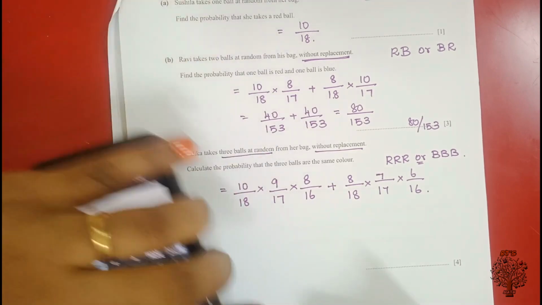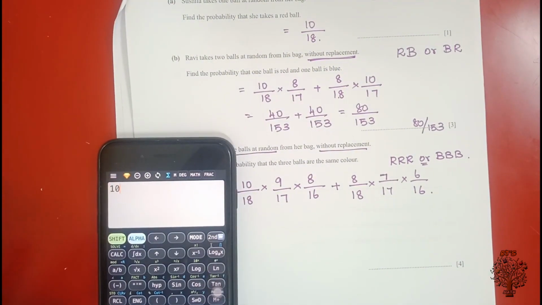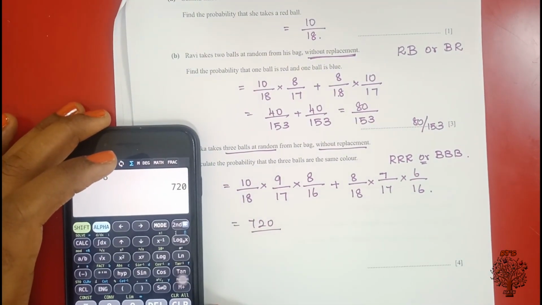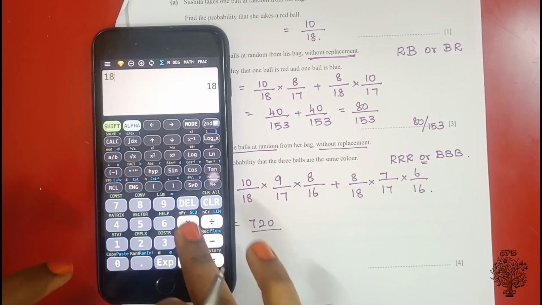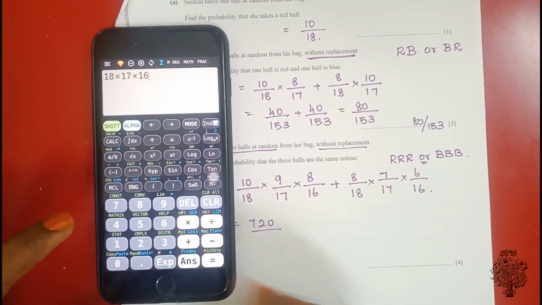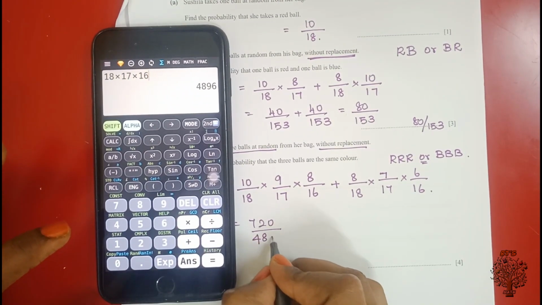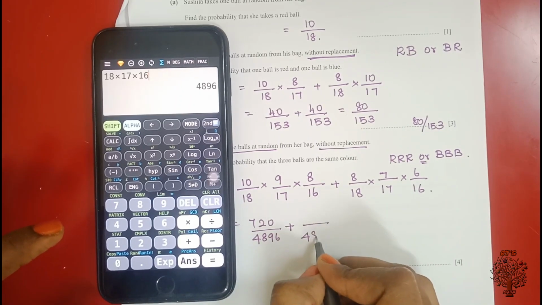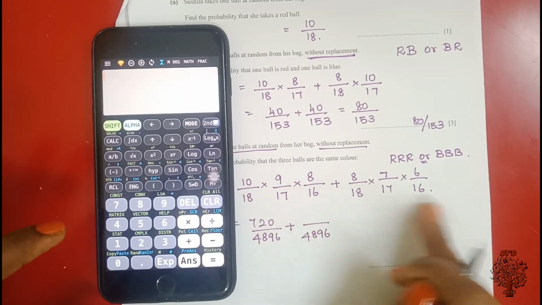So you can take your calculator. 10 multiplied with 9 multiplied with 8, I have 720 divided by 18 multiplied with 17 multiplied with 16, which is 4896, plus the same denominator, because same values.